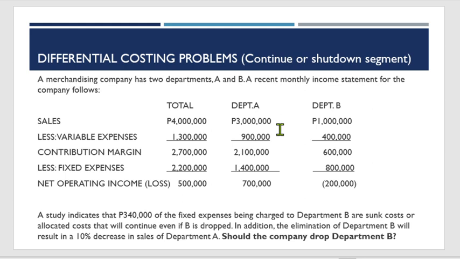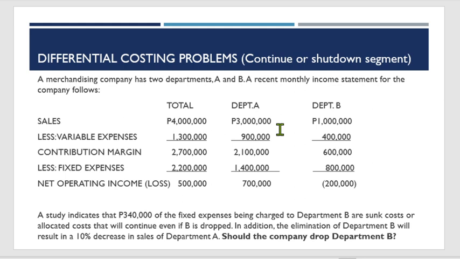So let us analyze first yung sinasabing 340,000 na unavoidable cost natin. Okay, let's take a look by analyzing it at a total approach.